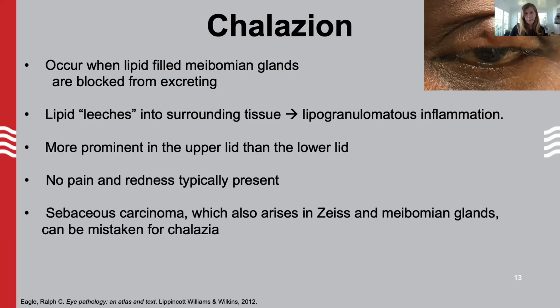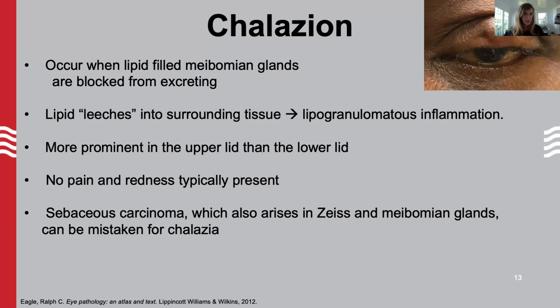The differential diagnosis for chalazion is kind of like chalazion, chalazion, chalazion, but then there are other rare things other than sebaceous carcinoma that can be mistaken for a chalazion. So Merkel cell tumor, basal cell carcinoma, squamous cell carcinoma, keratoacanthoma, epithelial inclusion cysts or tarsal inclusion cysts.